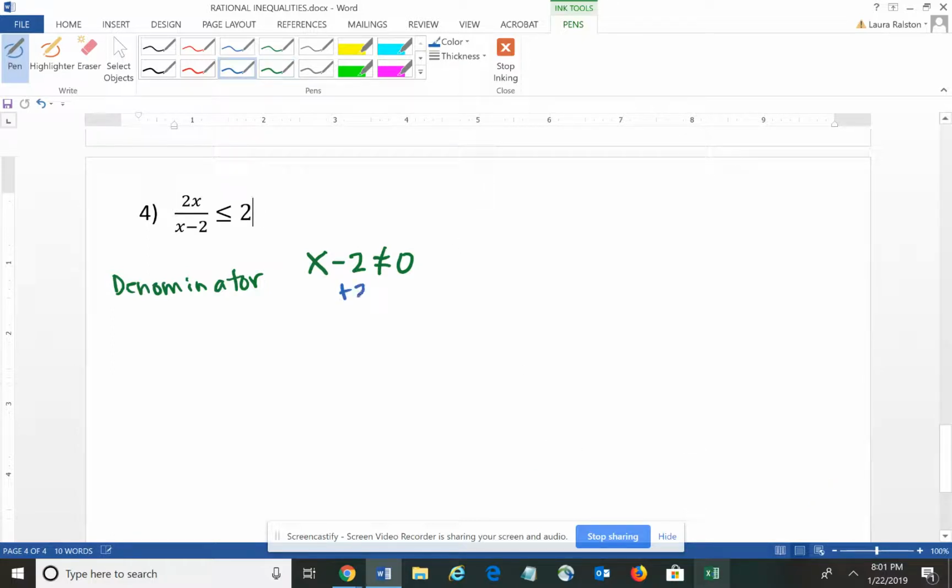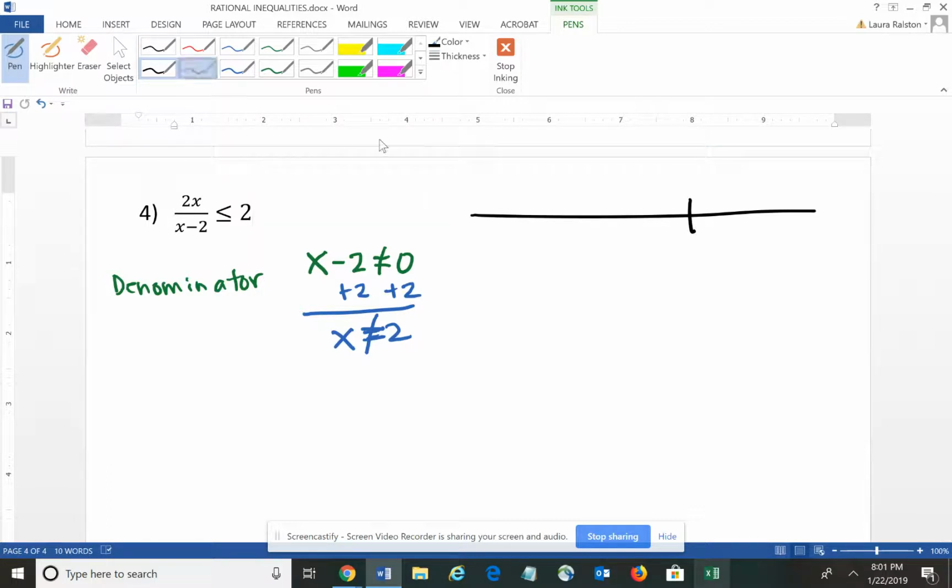I'm going to add 2 to either side. So x cannot be 2. So again, thinking about my number line, I know that I cannot use 2, because that would cause the denominator to be 0.